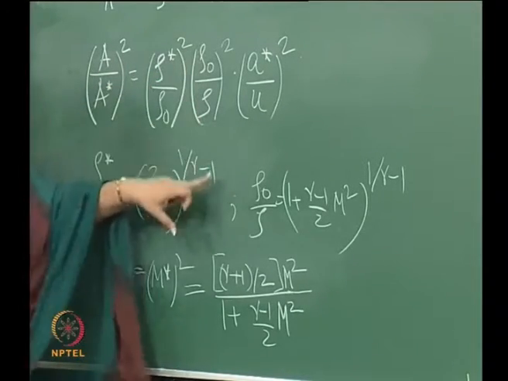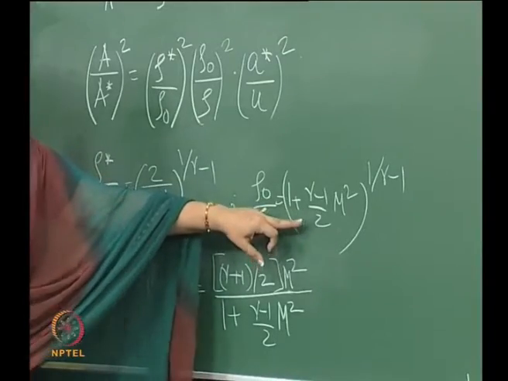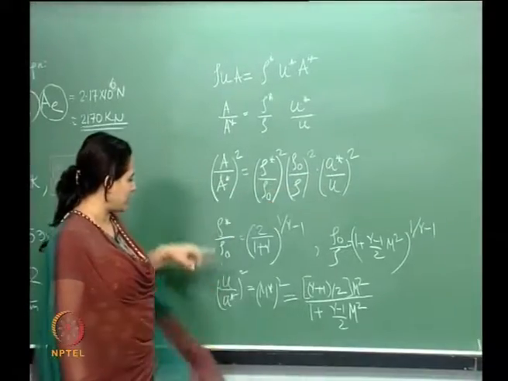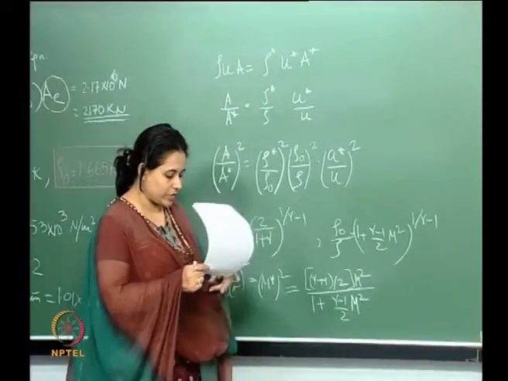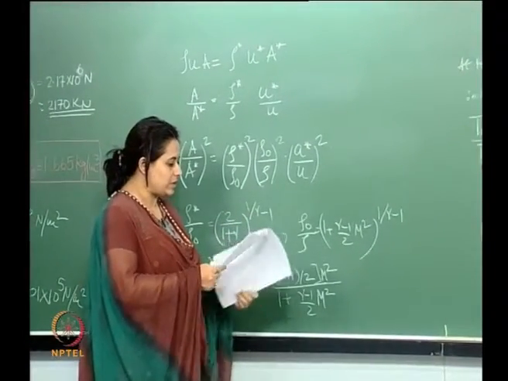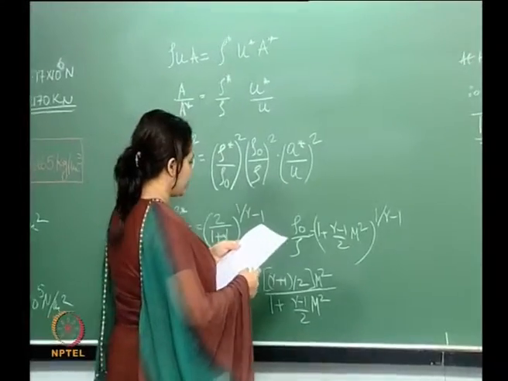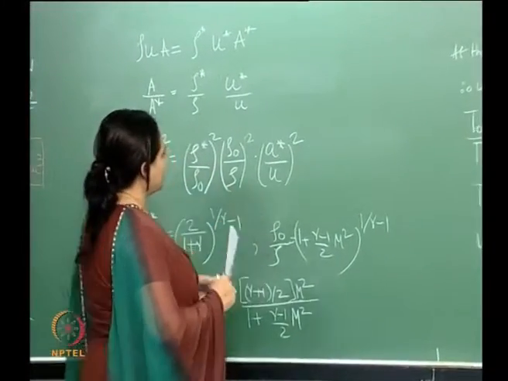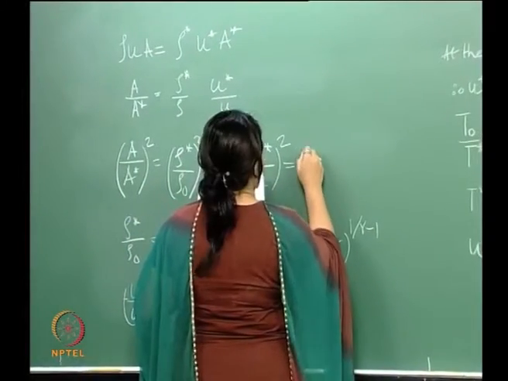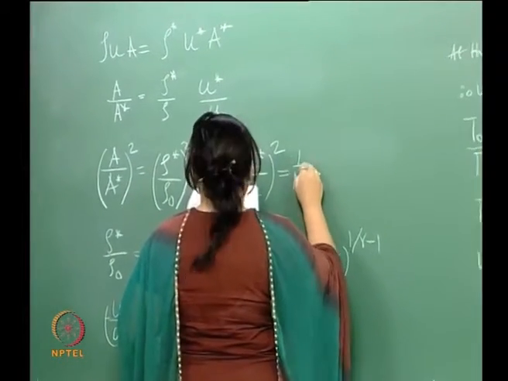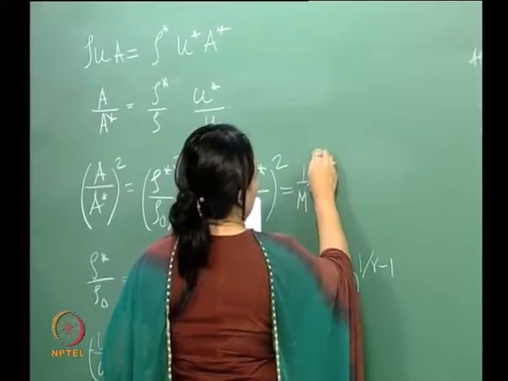Now, this is a term which we can write in terms of the Mach number over here, and again this we will write in terms of the Mach number over here, right. If I do that, I will get an expression for this in terms of the Mach number. So let me write that out. If I write that out, it comes out to be this.